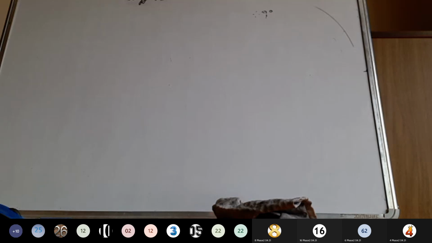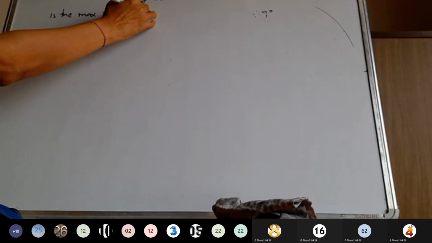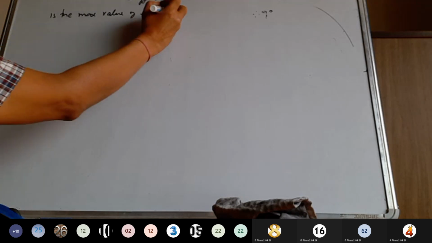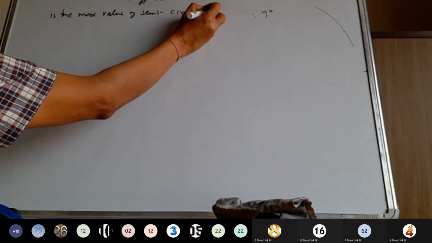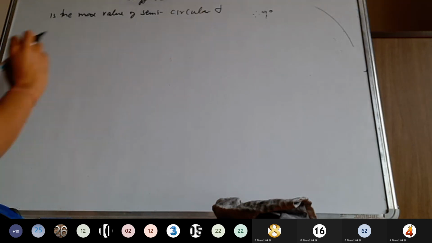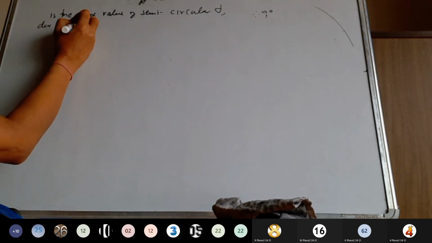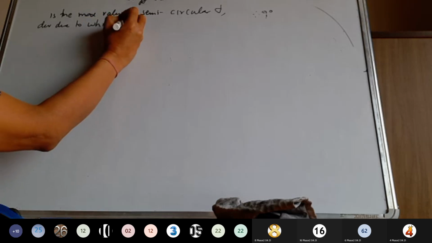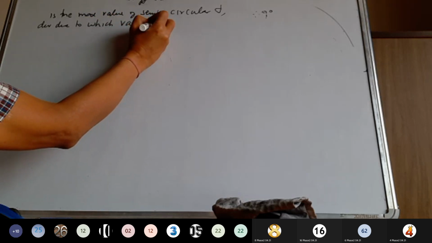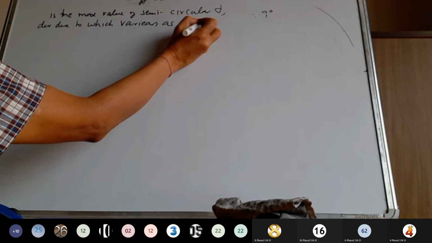So the first half of the definition of coefficient permanent B will be the same. Coefficient induced B is the maximum value of semicircular deviation, the deviation which varies as sine of course.